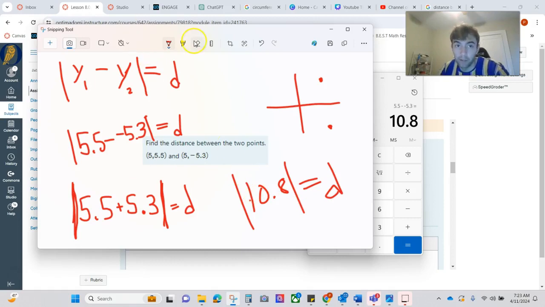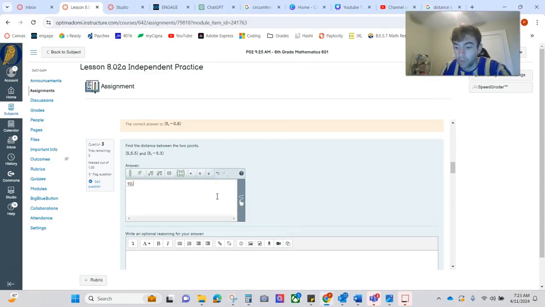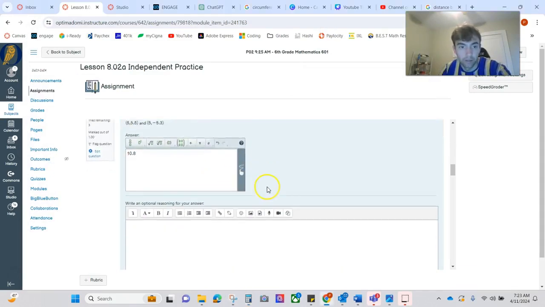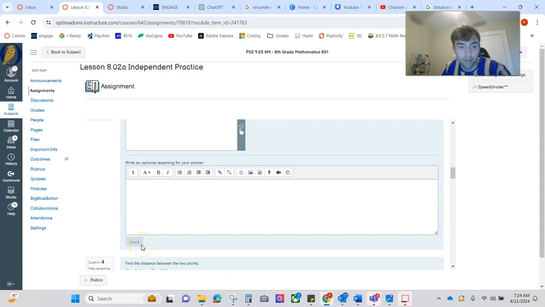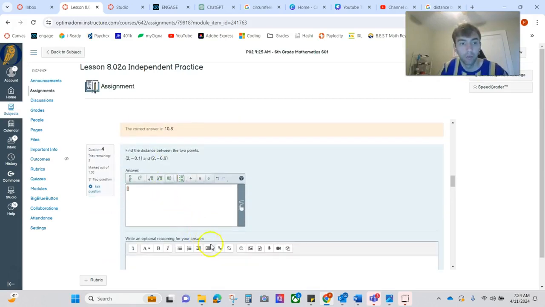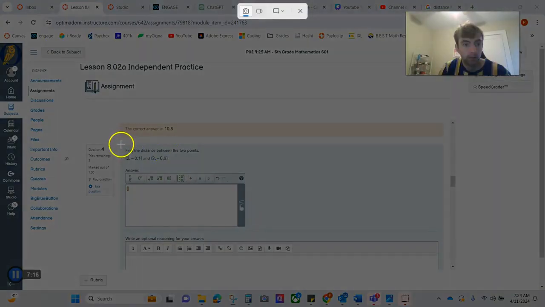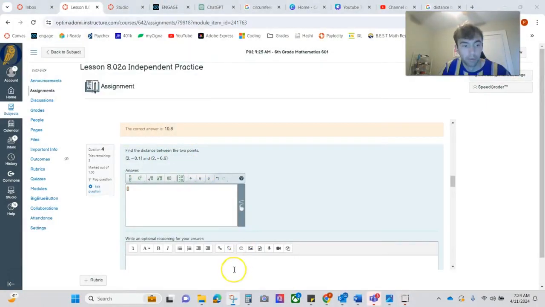But since our answer is just a positive, it just stays a positive, 10.8. So for distance questions, the answer will always be positive. It's how far are these points from each other? It's always positive. Distance is always positive.